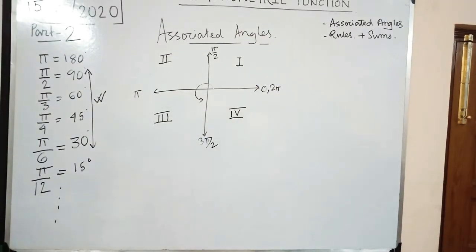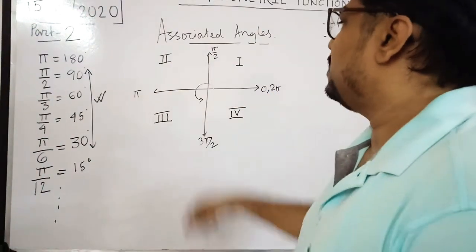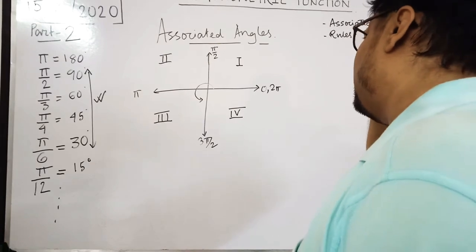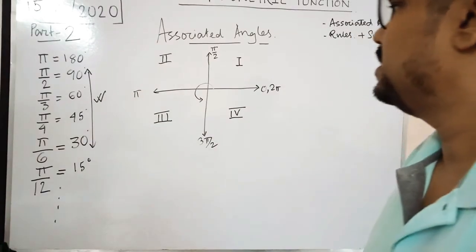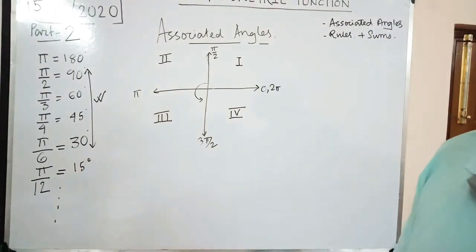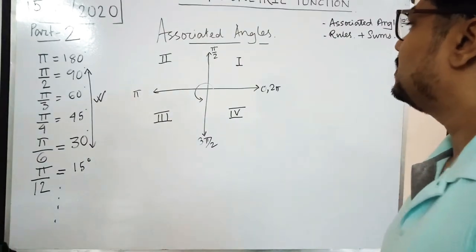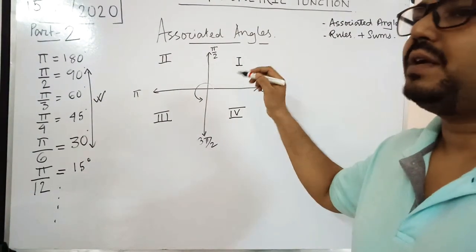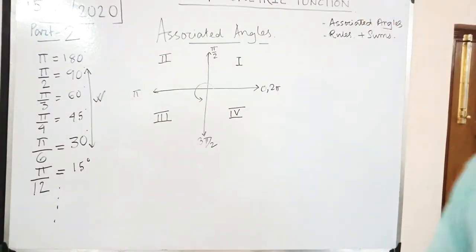So these are the 4 quadrants: 1, 2, 3 and 4. In the first quadrant, where the standard angles are, every trigonometric function gives a positive value.